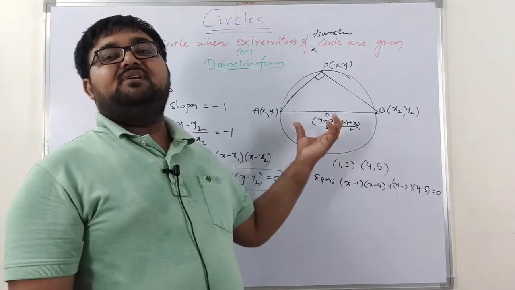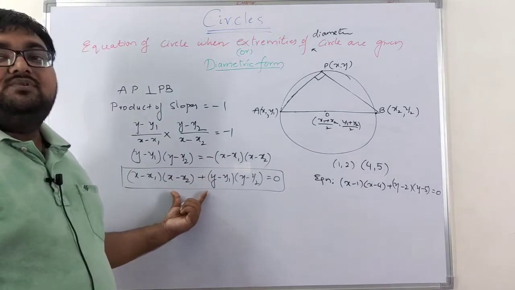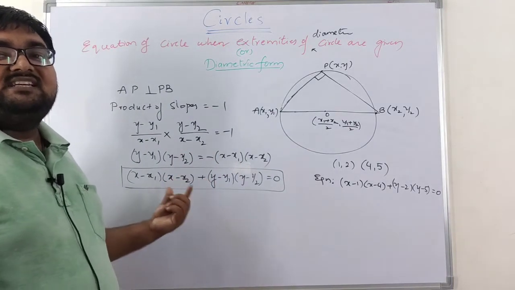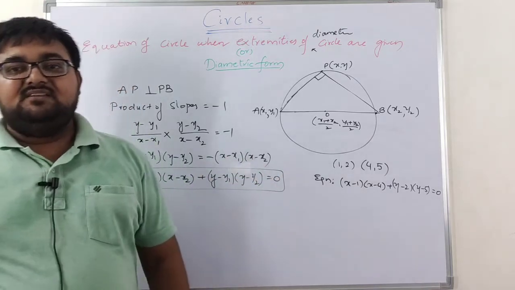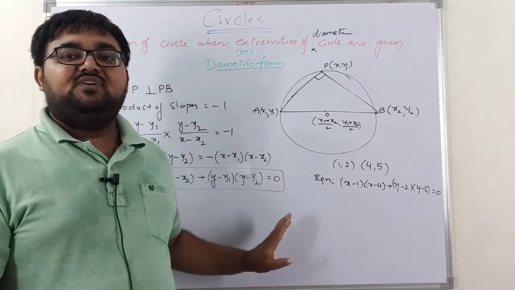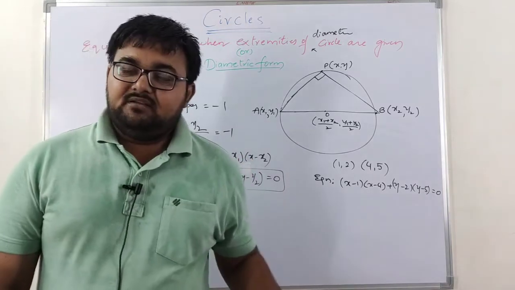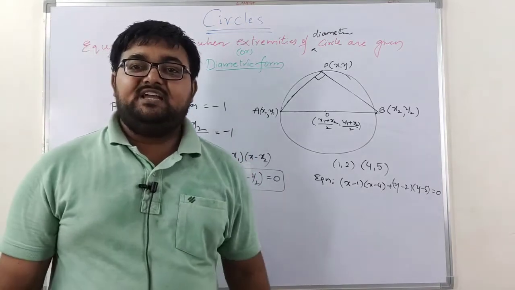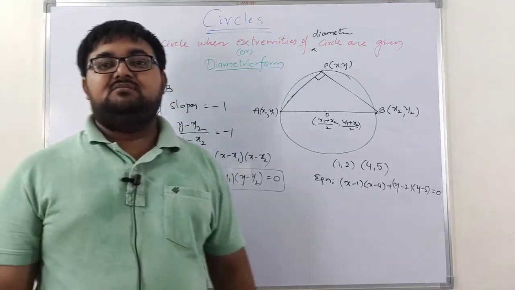That's why we are going to avoid this process and follow only this. What is the formula? (x minus x1) into (x minus x2) plus (y minus y1) into (y minus y2). This particular formula is applicable only when the end points of the diameter are given. So this is one of the forms.